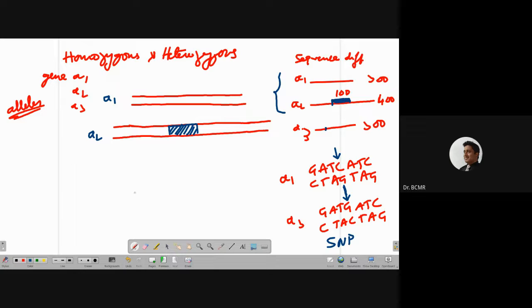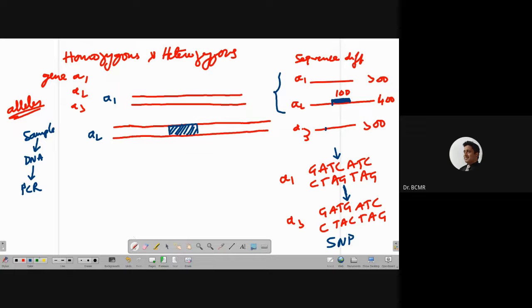Say, for example, we got a sample from a person. From the sample, we isolate DNA. With the DNA, we will do PCR. For PCR, we need to have primers.